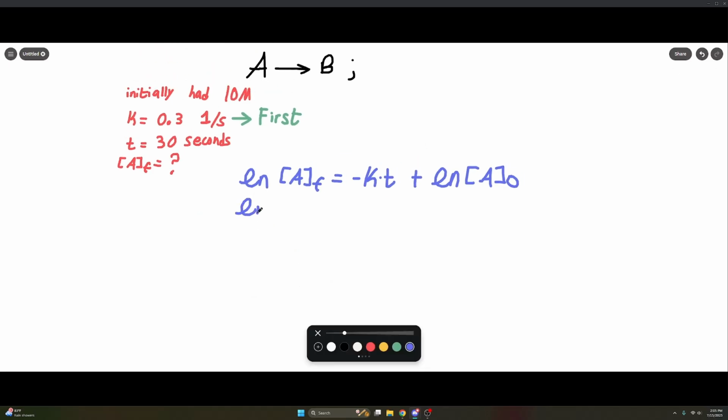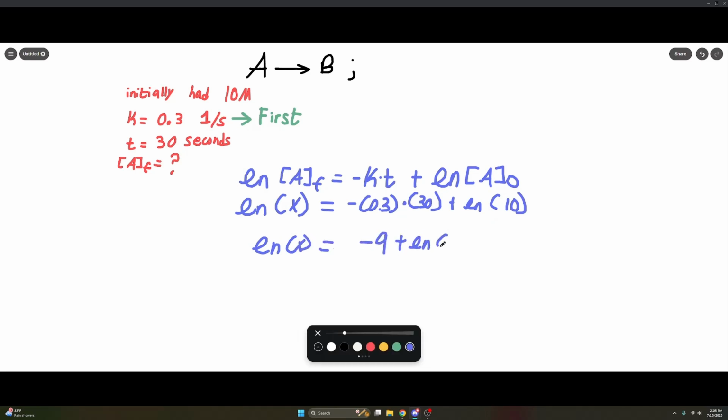So no different than before. We're just going to plug in ln of x, that's what I'm solving for, equals negative 0.3 times 30 plus the natural log of 10. And ln of x equals negative 9 plus the natural log of 10.